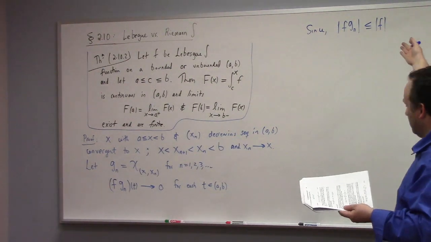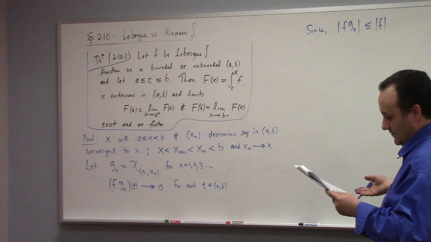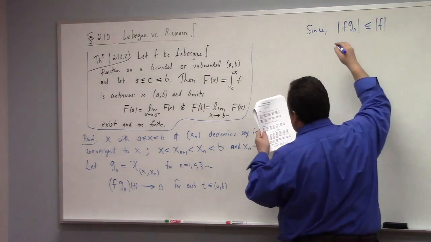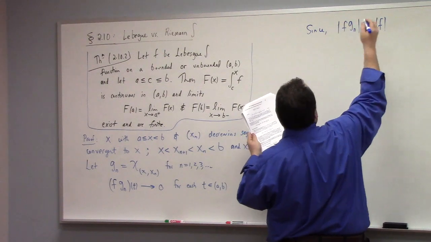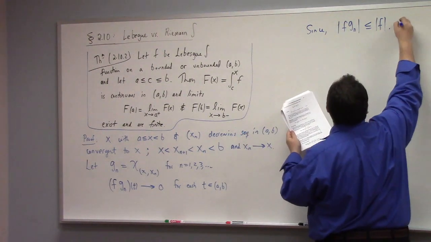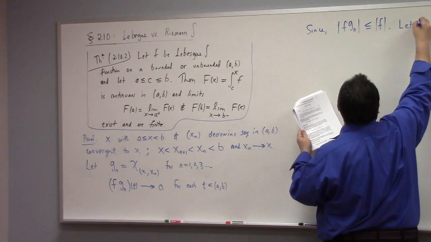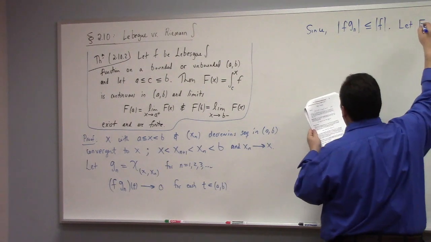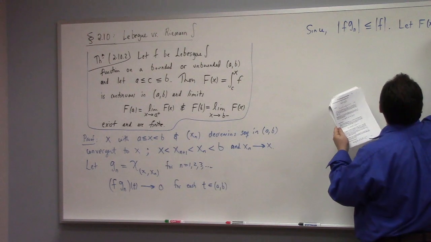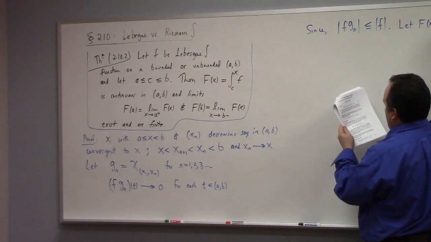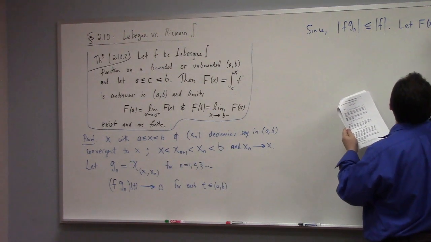So this is true. Fine. Where's the big F? Let me say here, let big F, because we haven't said that yet in the proof at least, big F of x equal to the integral from c to x of little f.